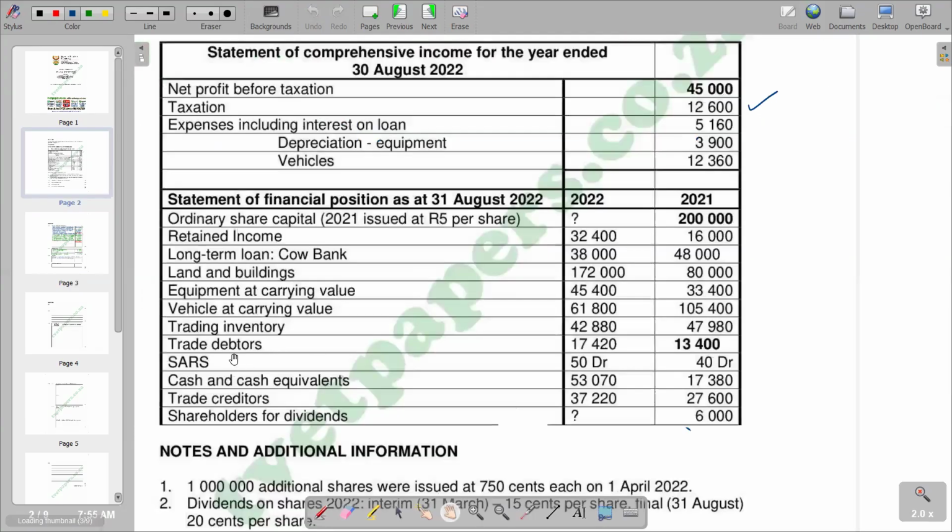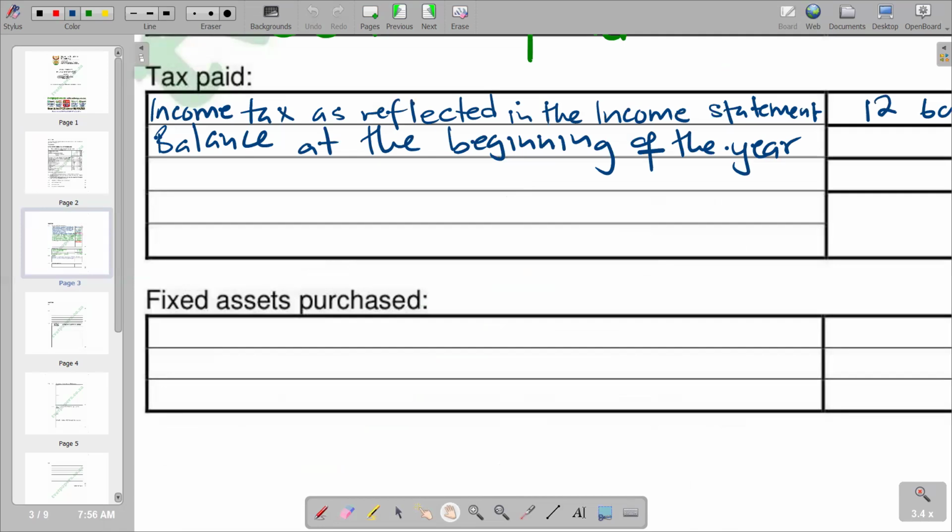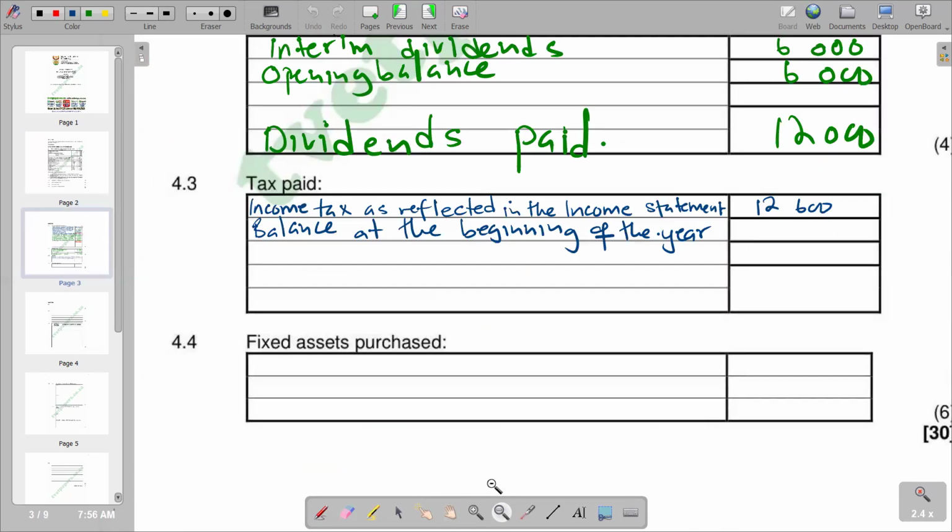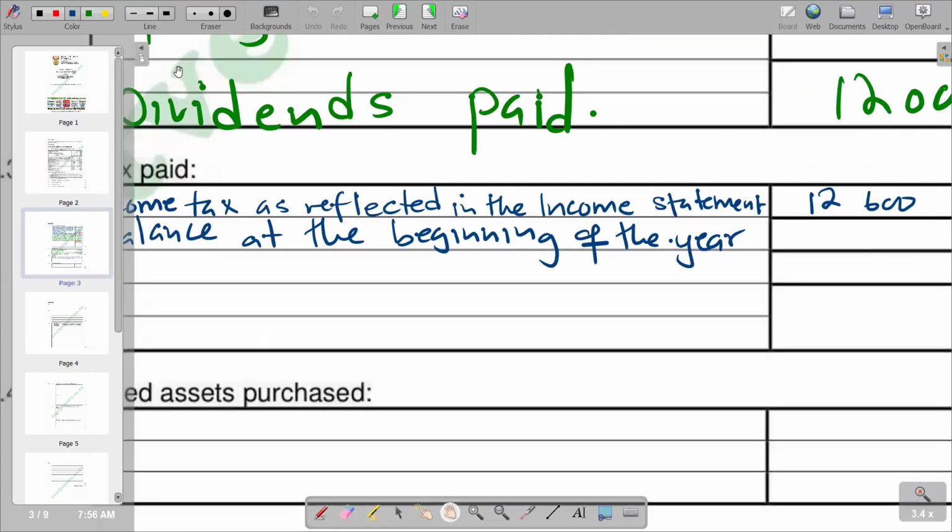We see that we've got SARS income tax balance at the beginning of 2021, and we have a 40, which is a debit. If you've got a balance at the beginning of the year and it's a debit balance, you should show it as a negative. So here we are just going to say negative 40.